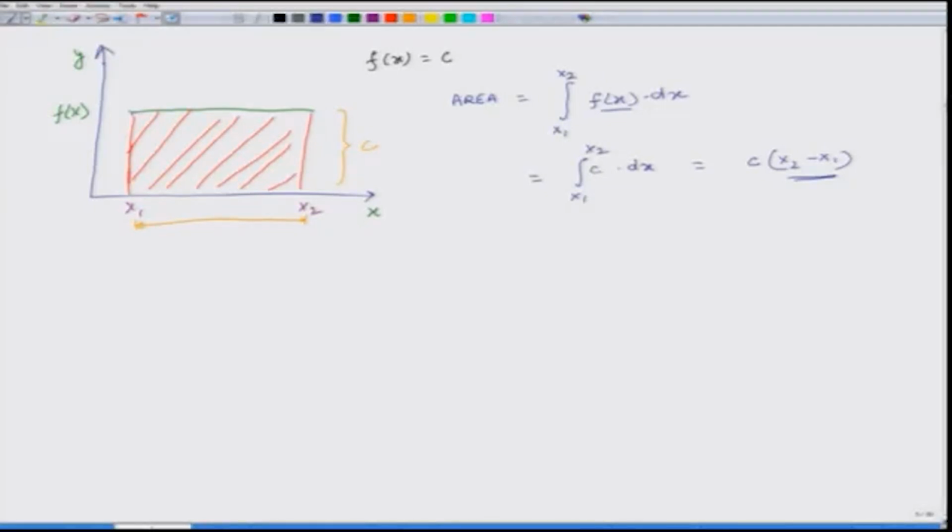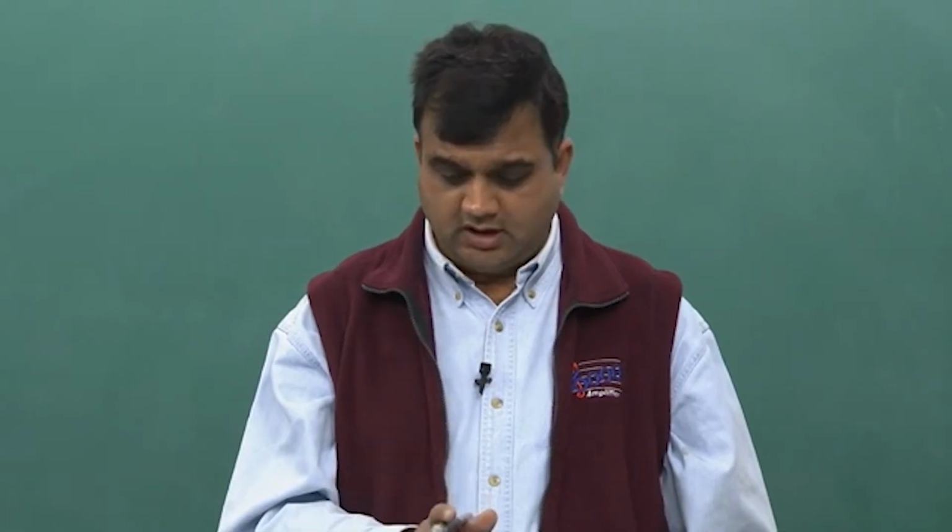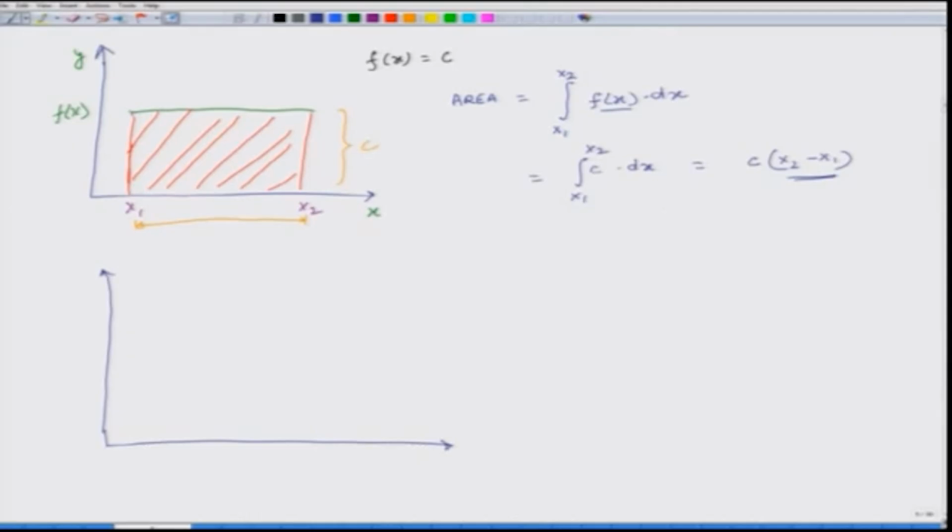Now, let us look at another example. Oh, by the way, before I go to the second example, couple of things. Here the region of our interest under which we wanted to calculate area was x1 to x2. So, this x1 to x2 is the domain.